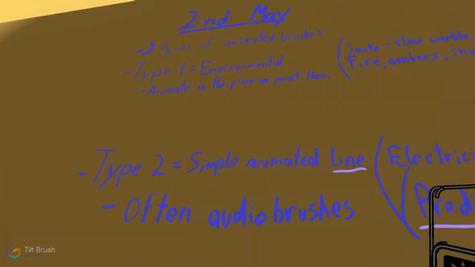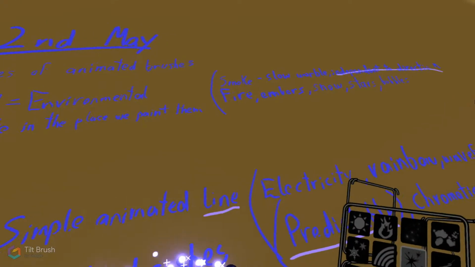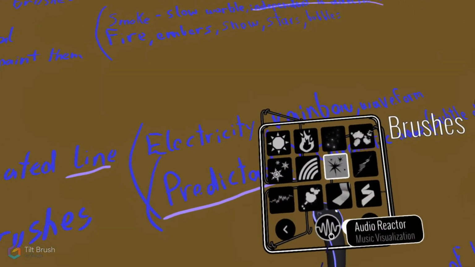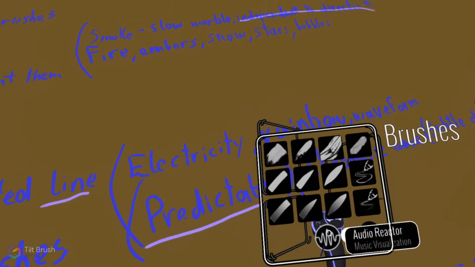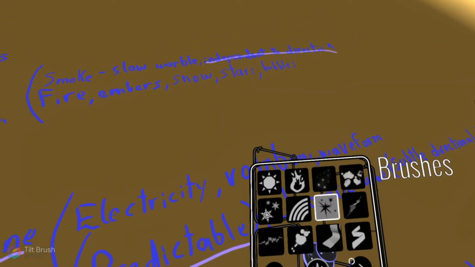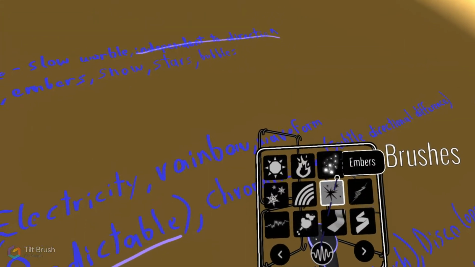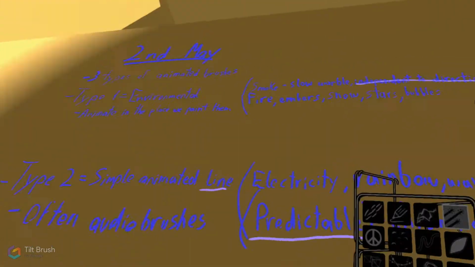Now type 2, simple animated line. This is often with audio brushes. Generally, it's the audio brushes which have this. And here you can see, for example, electricity.